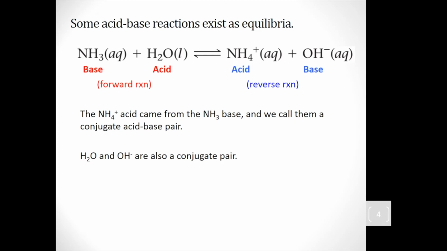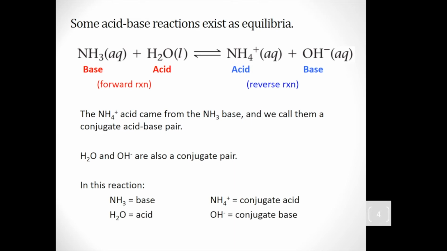NH3 acts like a base, and NH4+ acts like an acid, but we call it the conjugate acid because it is connected to the NH3. H2O and OH- are also a conjugate pair: H2O is the acid and OH- is the conjugate base in this situation.